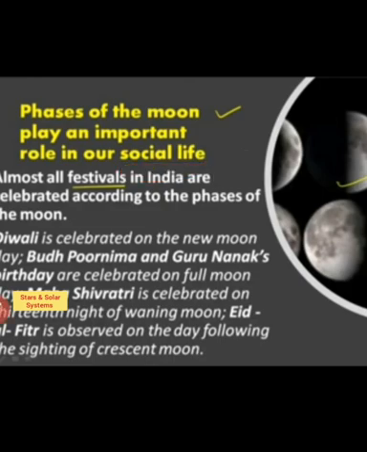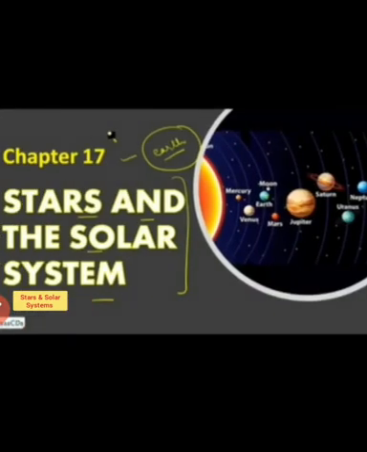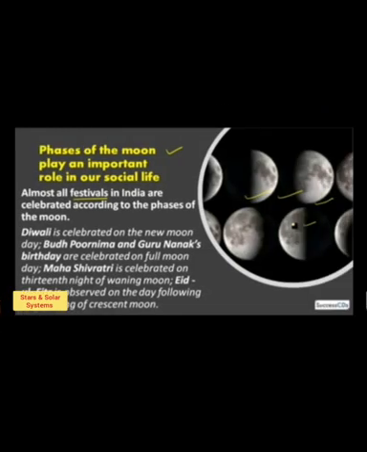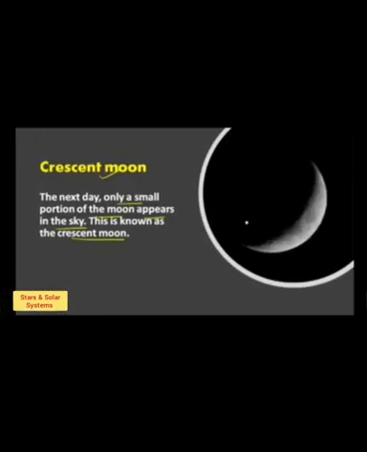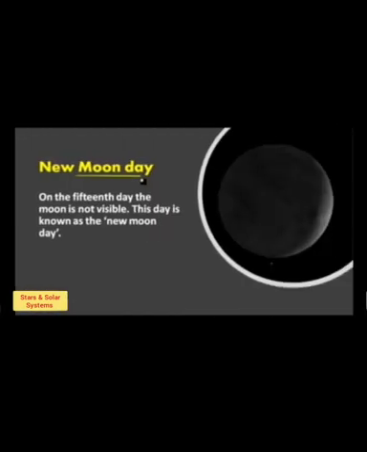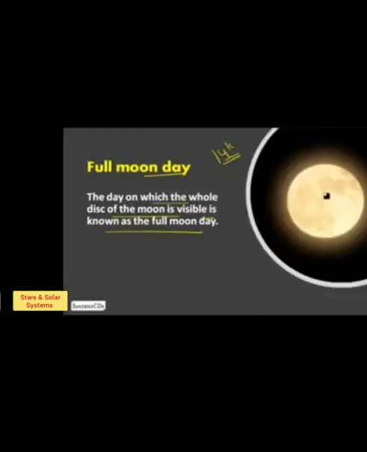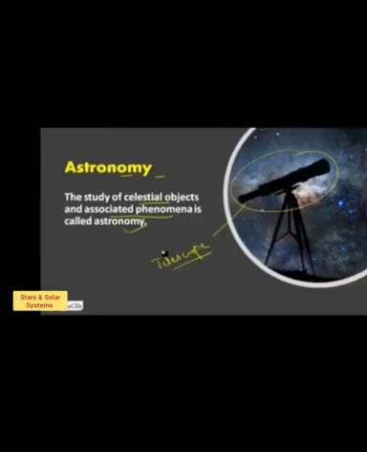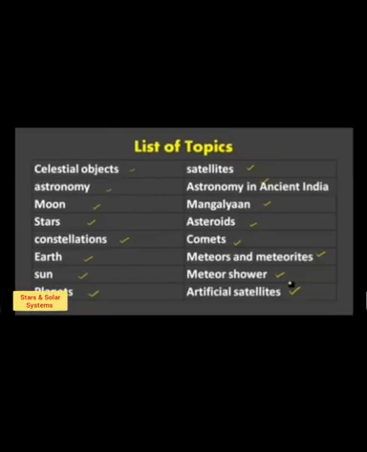Okay, what is next in this? Whatever is next is with the help of the NCERT book. Today we have discussed the topics of celestial objects, astronomy, moon, and full moon; stars are still left. We have just studied about the moon only.